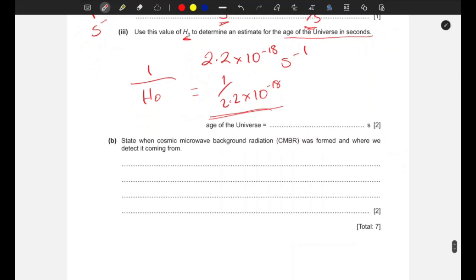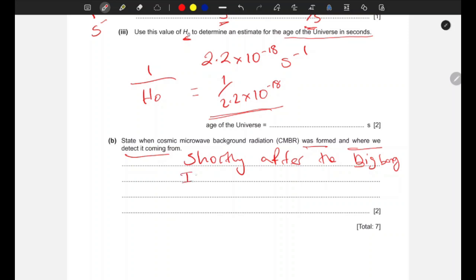Part B states when cosmic microwave background radiation, CMBR for short, was formed and where we detect it coming from. So CMBR is microwave radiation which is present at all points in space, and this was formed shortly after the Big Bang.